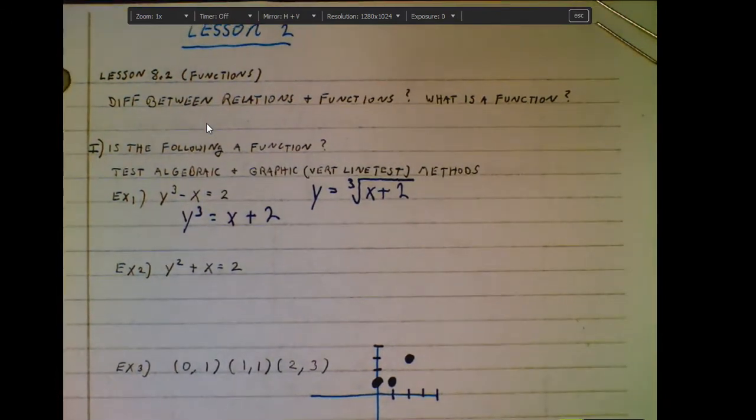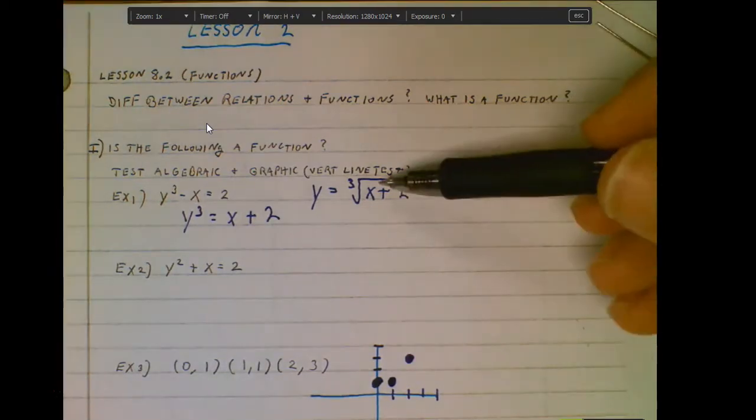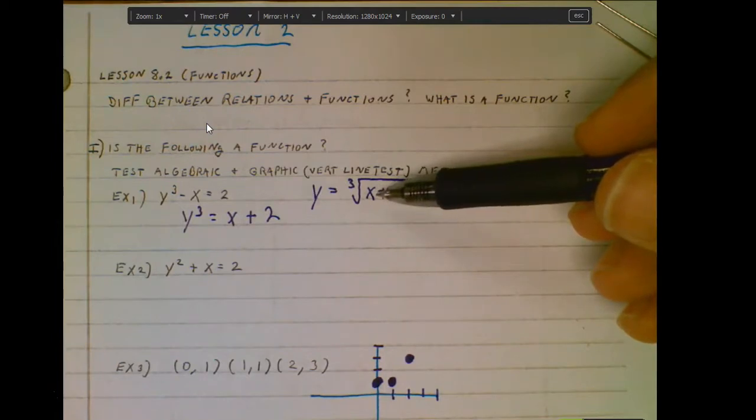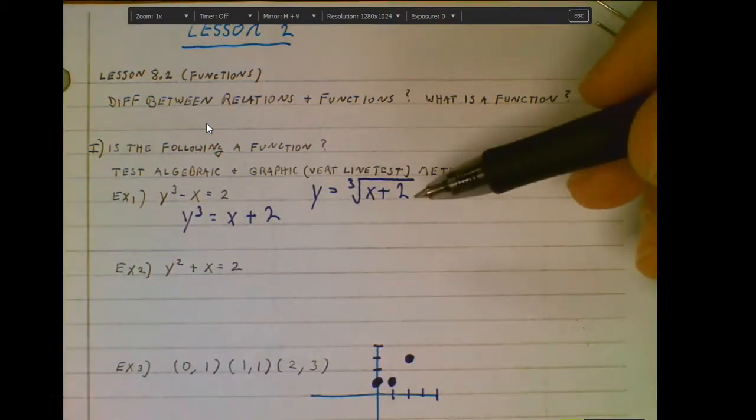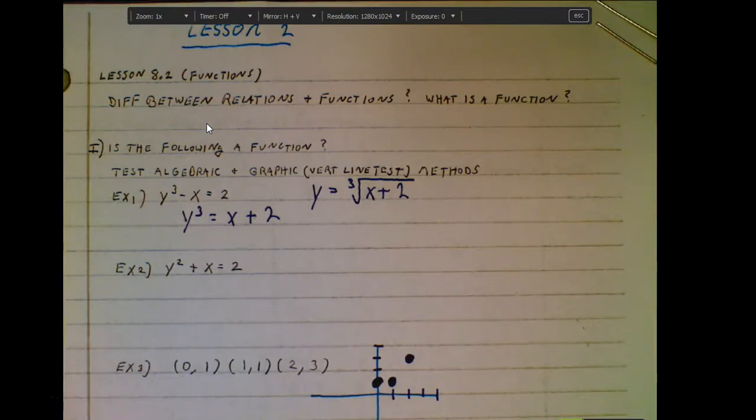If I could put the same ingredients into my machine and get different results, one day I got Pepsi, the next day I got 7-Up, the next day I got Coke, we would say the machine is not functioning properly. So in order for the machine to function, you can only get one result when you put something into the machine. And so that's the idea here. I'm putting one item into the machine, and I'm only getting one result to go with it. And so that's why this equation is a function, or it is functioning properly.